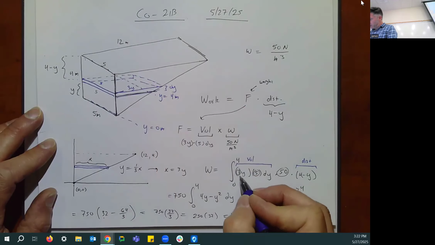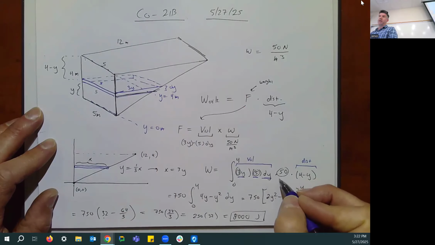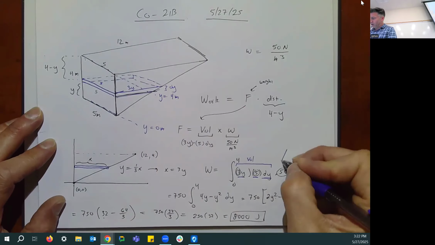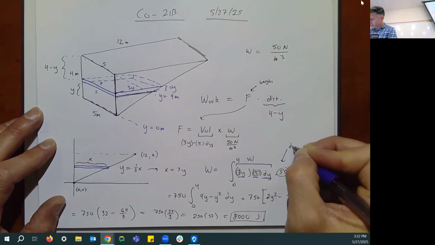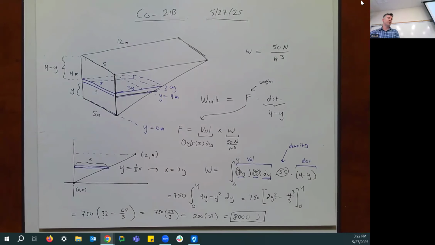It's my 3y times 5 times dy. And then we're multiplying by density because volume times density gives us our weight. So for work with water or any fluid, it's always the volume of that slice of fluid that's all moving some set distance, multiplied by the density of that volume, multiplied by the distance it has to travel.